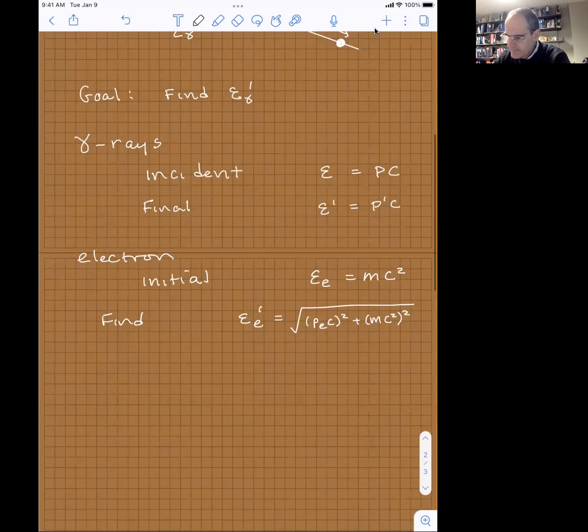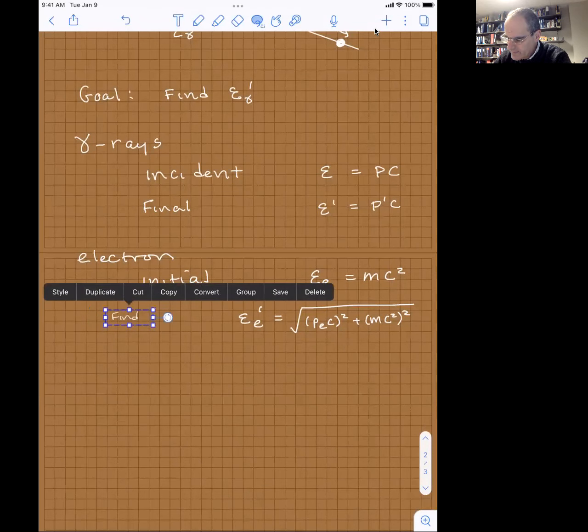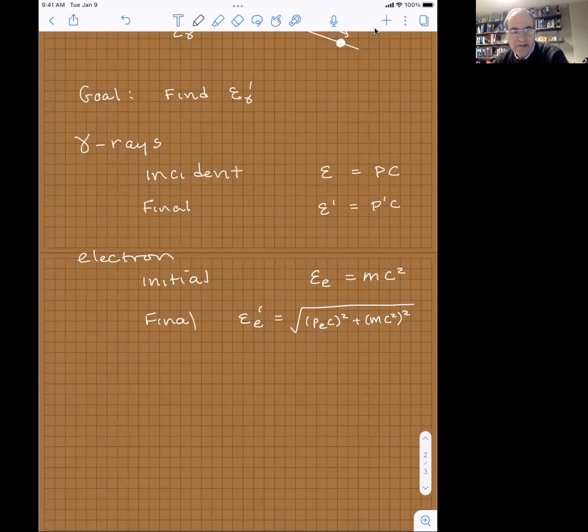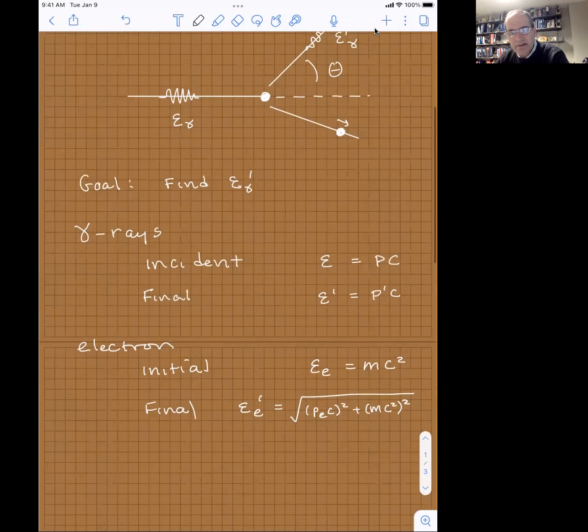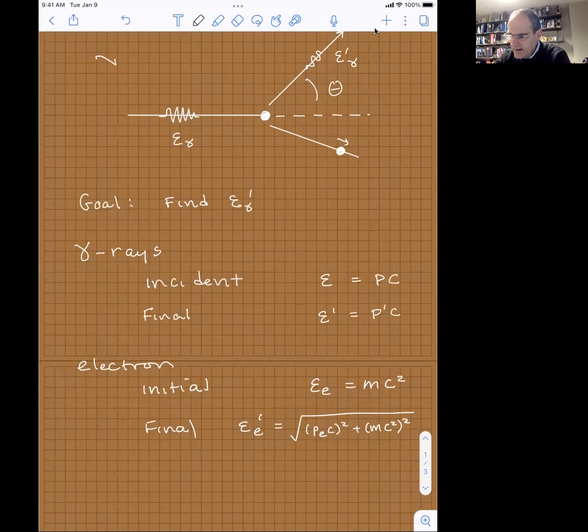So those are the initial and final energy and momentum for the gamma rays and the electron. Just introducing our notation. So now let's look at our problem here and write down expressions that define energy conservation and momentum conservation.